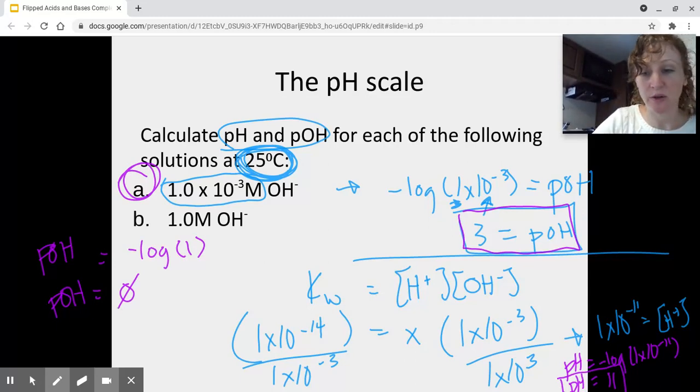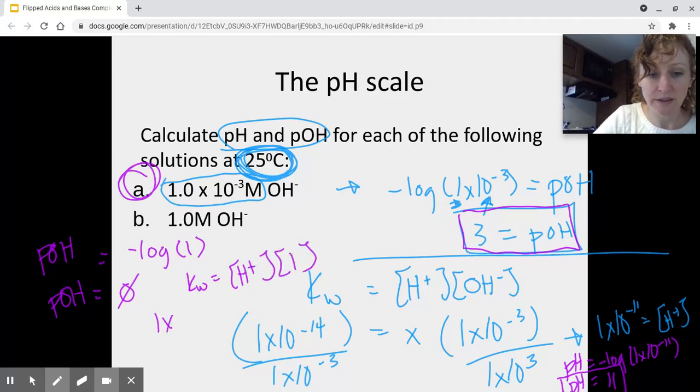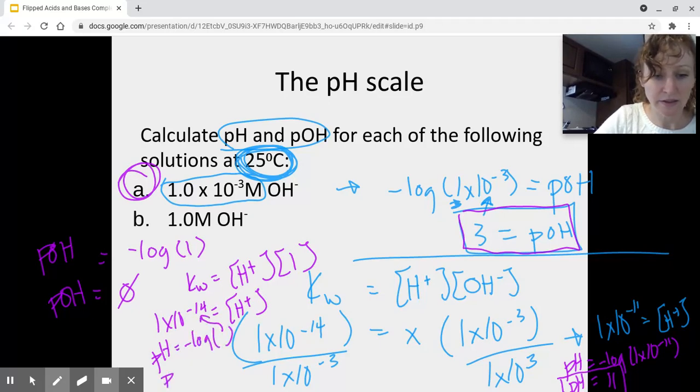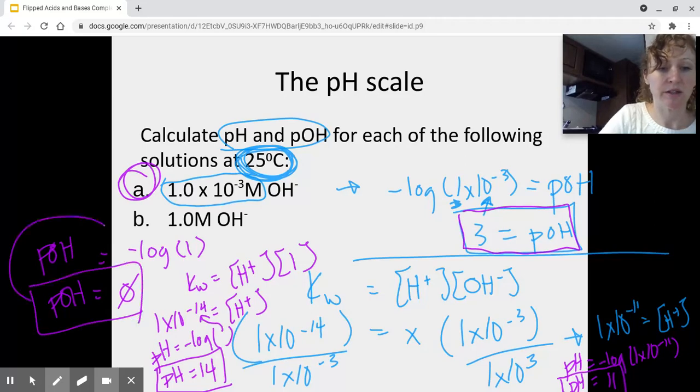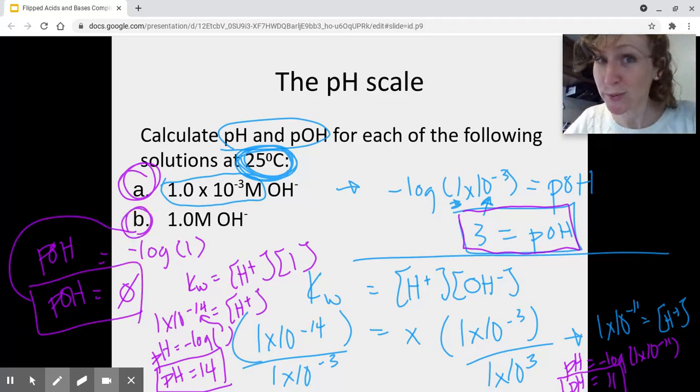So now we have to figure out what our pH is. So pH is going to be 14, pOH is going to be 0 for B. Is that what you got too?